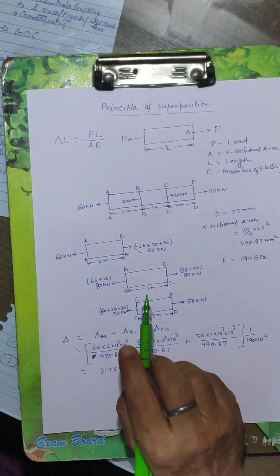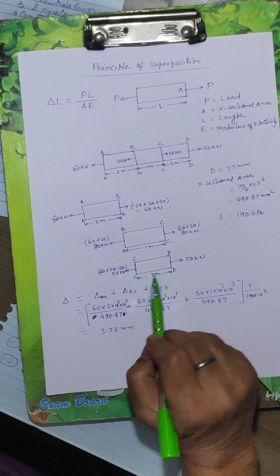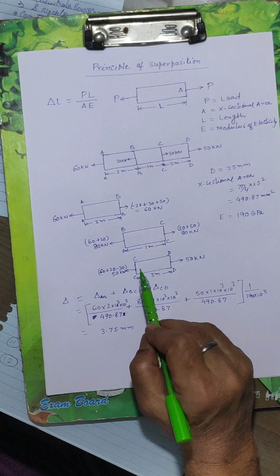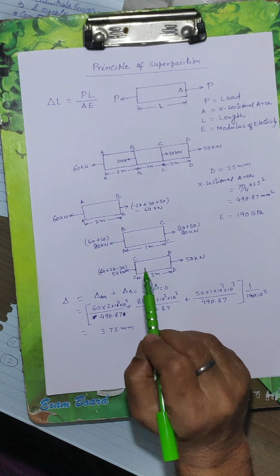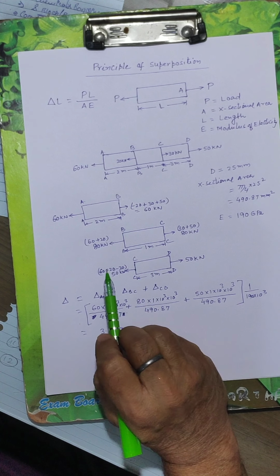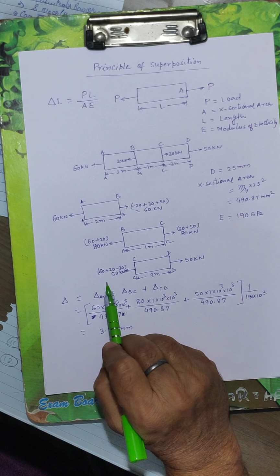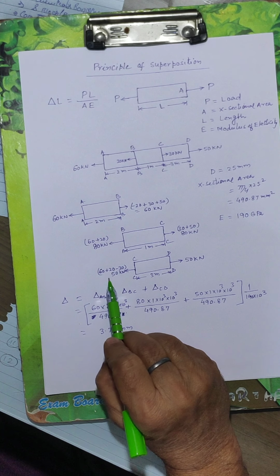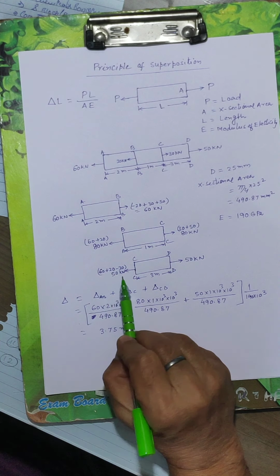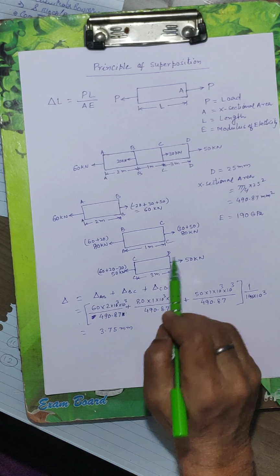Now the third part of the body, that is CD. At section CC, all the algebraic sum of forces of left side, that means 60 kilonewton left side, 20 kilonewton left side, but 30 kilonewton is right side, so it is negative.